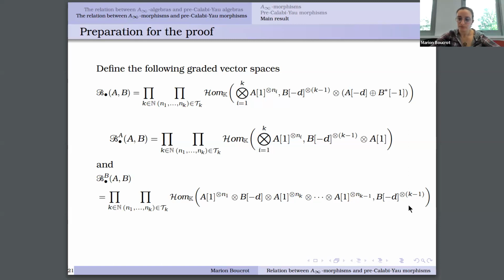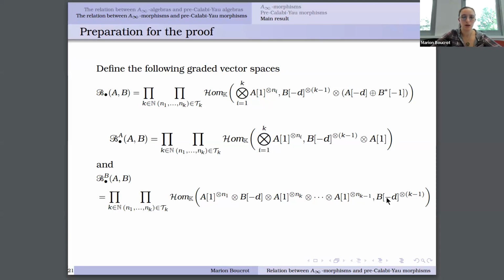Here we have K minus 1 outputs, and we will take this first tensor product with 3 factors as only one group, and the other, for example, will be a group, and since this one is only one group, we have at the end K minus 1 groups, and this is why we have here a tensor product of K minus 1 copies of B shifted by minus D.